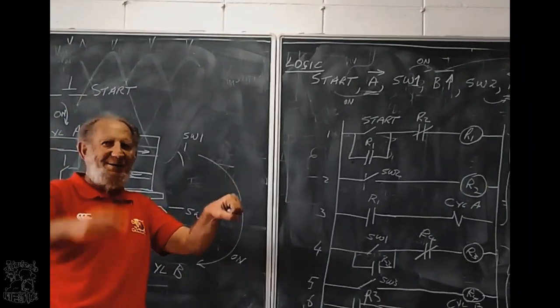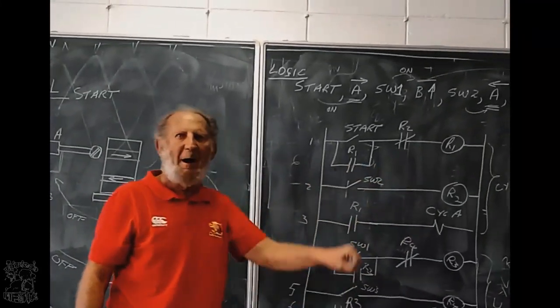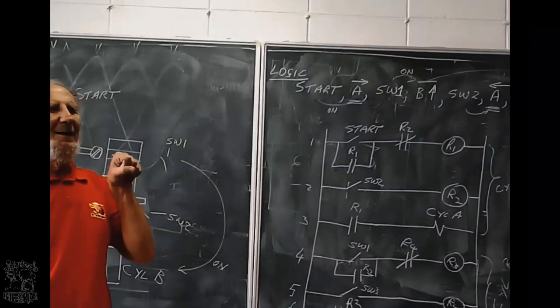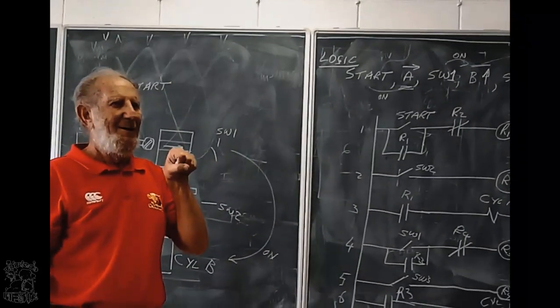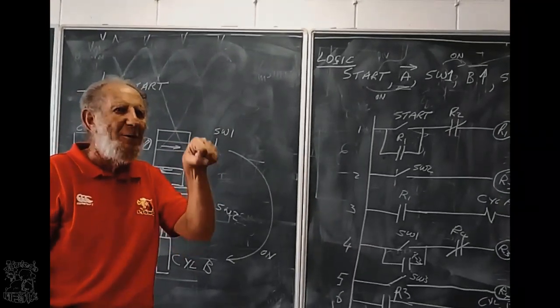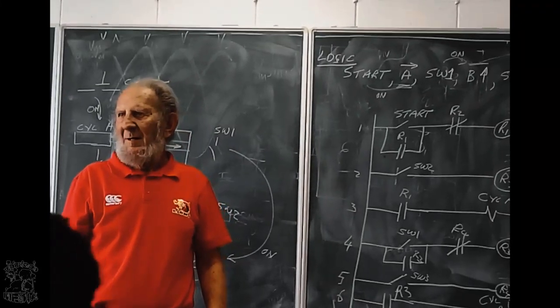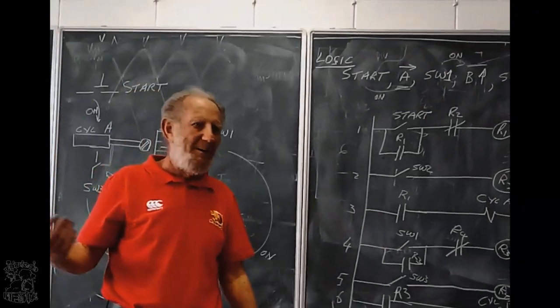Now if I release the start button, it does not latch. So relay 1 loses power. What happens? It comes back. So cylinder A will only move while you're pressing the start button. When you release the start button, A comes back.